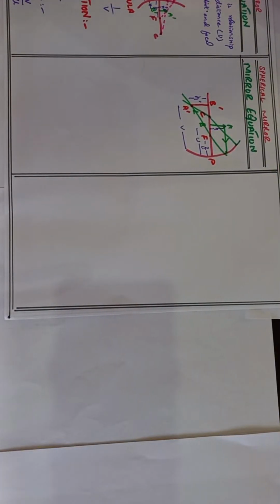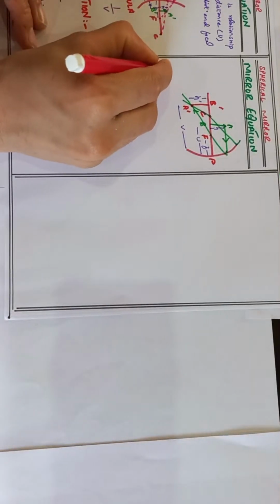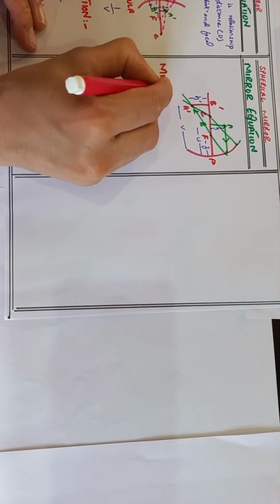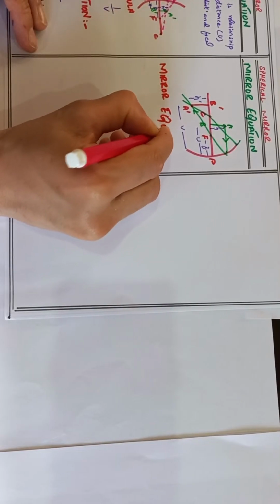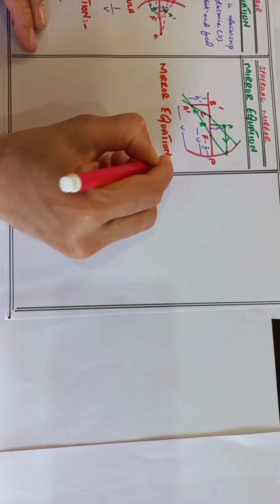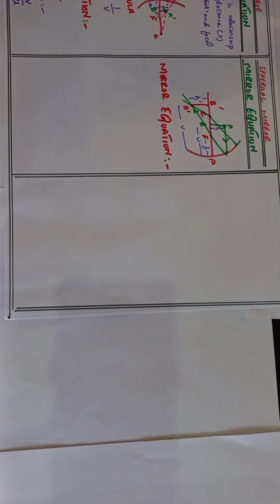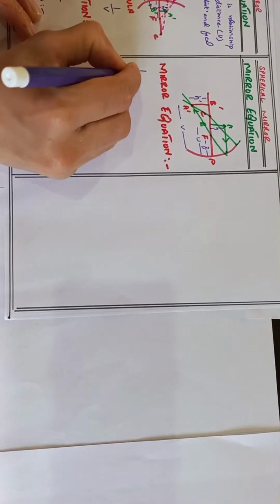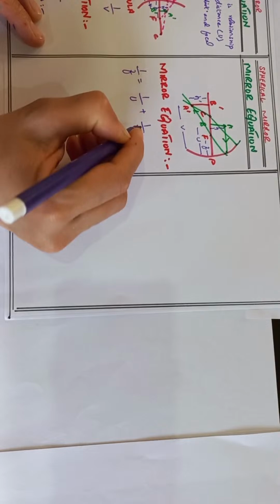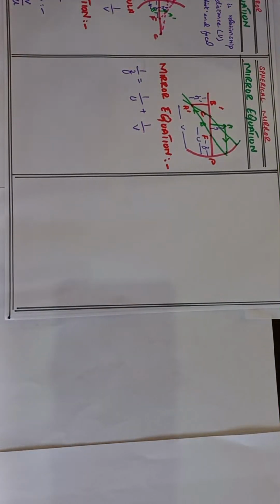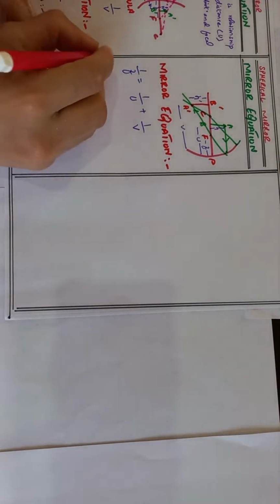Now we can use the mirror equation, the relationship between the image distance, object distance, and focal length. So here we write that 1 over focal length is equal to 1 over object distance plus 1 over image distance.